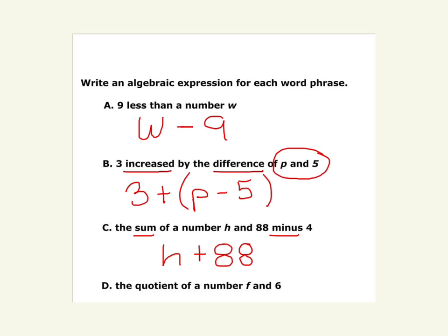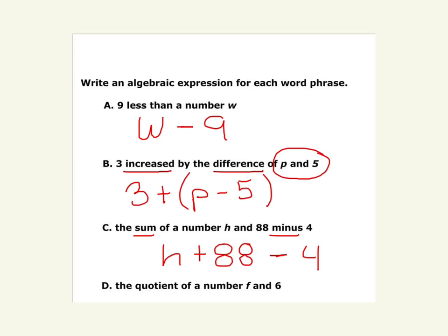And then we're going to minus 4. And that would be my answer right there. No need for parentheses on this one because according to our PEMDAS rules, adding and subtracting are the same importance, so we would add these before we subtract, so that one is okay.